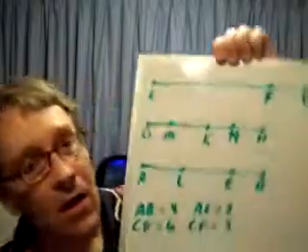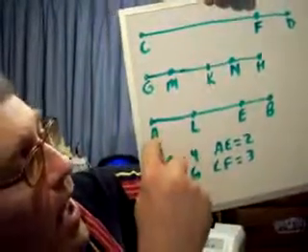AB is the length of 4. And CD is the length of 6. Now, we're going to make line AE the length of 2, and the line CF the length of 3. Let's go through this.